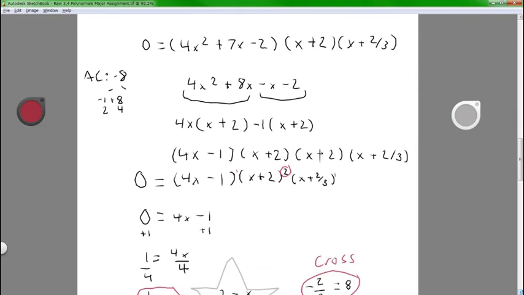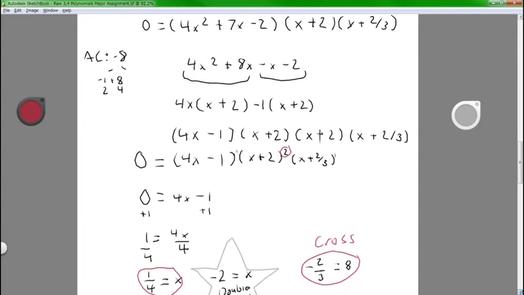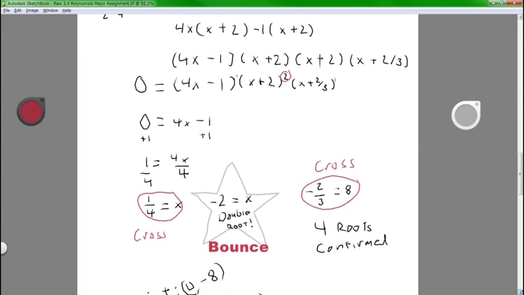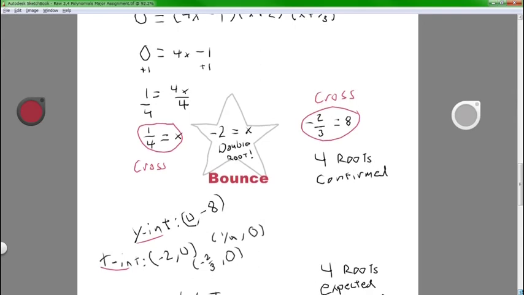Hooray! So I recombined that, just moved on, set all of that to 0 again, but with the change that I put x plus 2, I put that factor to the power of 2, and then I added little exponents of 1 to the other factors, so I know that they don't bounce, they don't touch and turn back, that they actually cross the x-axis at those points.